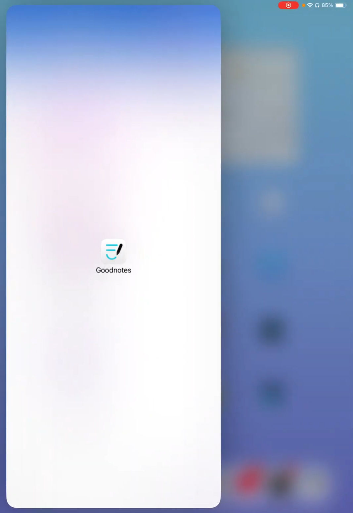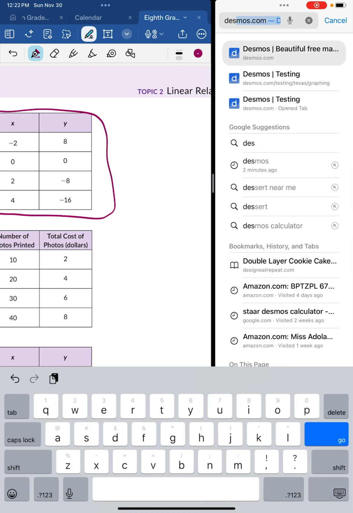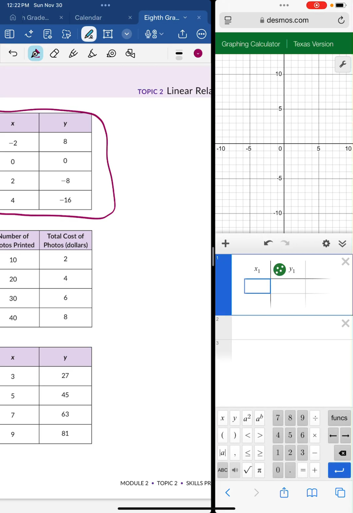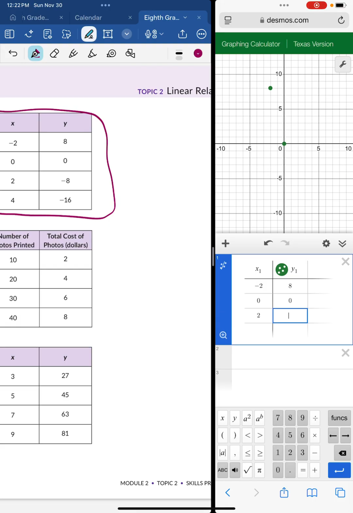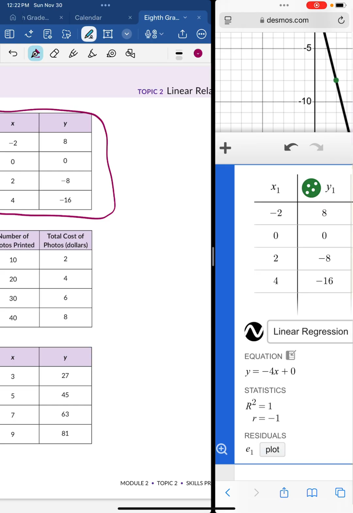If we enter in the Desmos and do a table, and we say -2, 8, 0, 0, 2, -8, and 4, -16. When we graph it, it tells us y equals -4x plus 0.